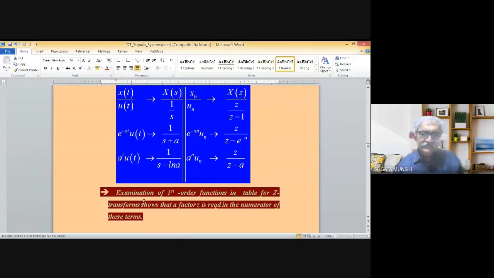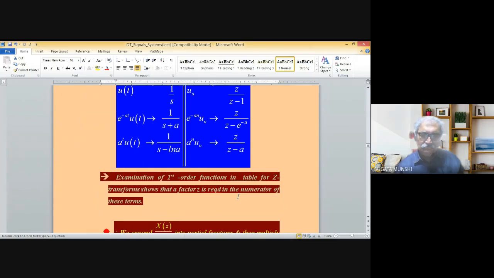What I have written here is that examination of first order functions in the table for Z transforms indicates that a factor z is required in the numerator of these terms. That's why if you have X(z) as a ratio of polynomials in z, first you have to obtain X(z) by z.